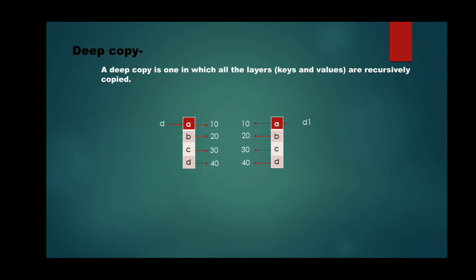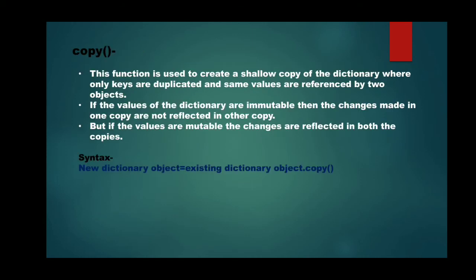Okay. Now coming to the copy function. The copy function of the dictionary helps you to create the shallow copy of the dictionary. Shallow copy, as we have discussed, only the keys are duplicated and the same values are referenced by two objects, right?